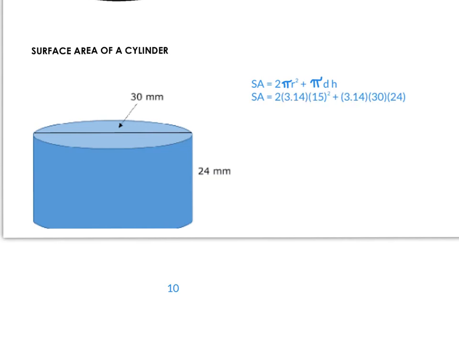So from my picture, I took all of the values that I knew, plugged them in, and approximated pi is 3.14. Then it's a job for our calculator to get the total surface area, which is 3,673 and 8/10 millimeters squared, again, because we're talking about area, the units is squared. Okay, on to the next one.